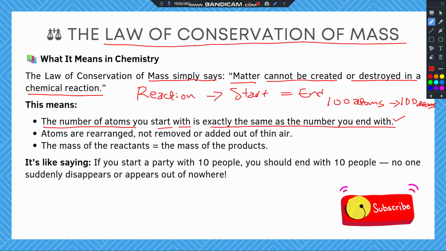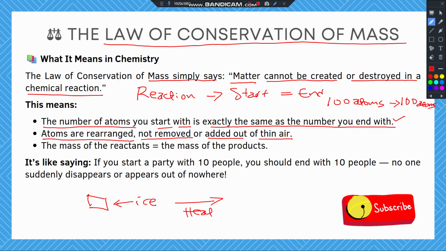The second implication of the law of the conservation of mass is that atoms are rearranged. They are not removed or added out of thin air. For example, if I have a block of ice, and after exposing it to some heat, it changes into water.